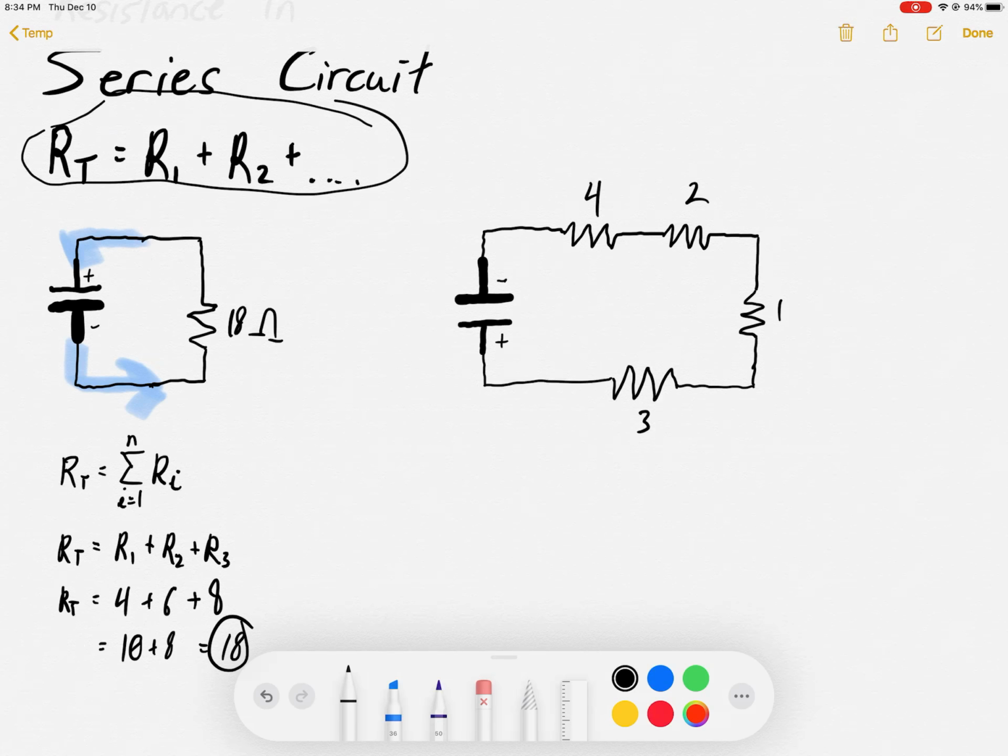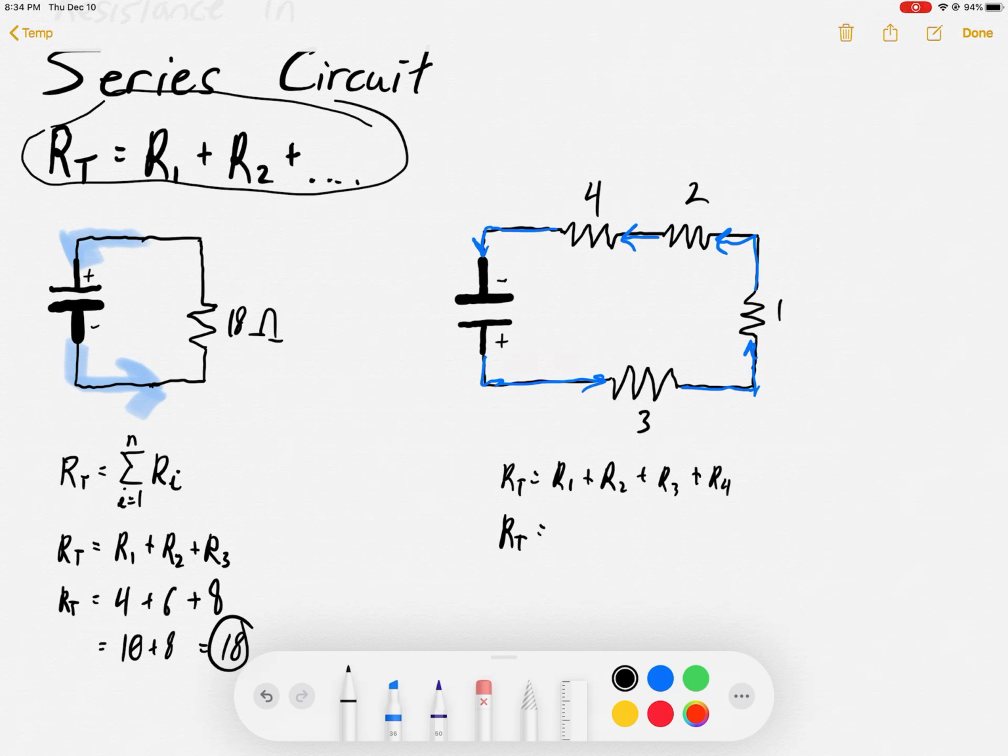Okay, and that's really important because that's going to help us resolve things a little bit in the future. All right, so this next one, the one here on the right, this is R1 plus R2 plus R3 plus R4, and this time I am going to run in the anti-clockwise or counterclockwise fashion. There's 4 resistors.